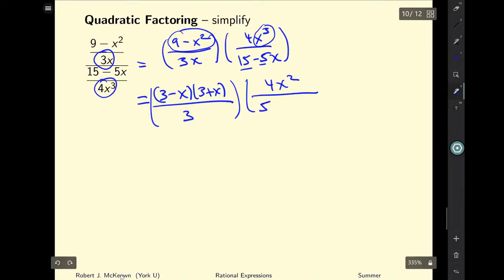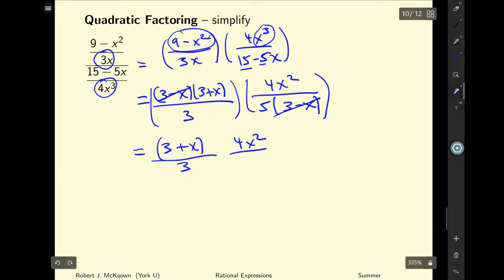So I can factor out 5, and I'm left with 3 minus x. Now we can see that this 3 minus x here and this 3 minus x there are going to cancel out. And we're going to be left with 3 plus x over 3 times 4x squared over 5.